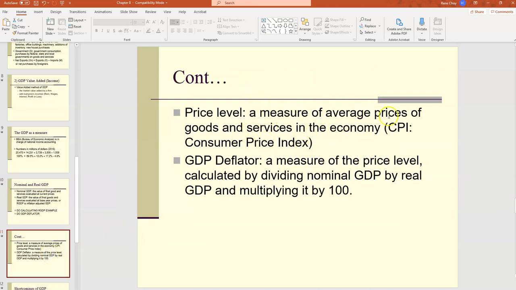How do we measure the price level? Well, we measure the price level by using something called CPI, or Consumer Price Index. Again, if you follow my series of chapters on the next set, we're going to be talking a little bit about CPI and unemployment. The GDP deflator is really the best metric for price changes in the economy. It uses nominal GDP divided by real GDP multiplied times 100.